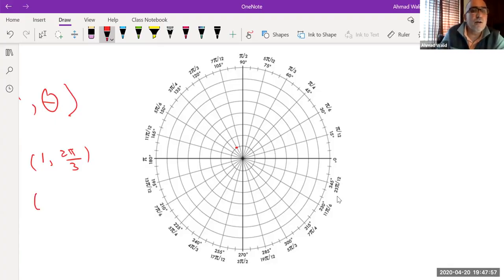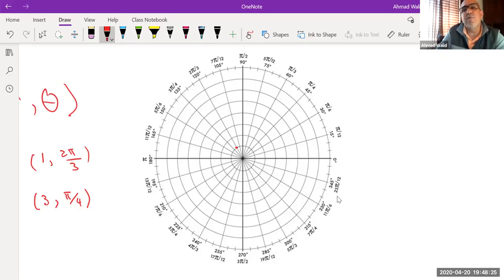Let's do one more. For example, 3 and let's say π/4. It means 3 circles, your R is 3, and the angle is π/4. Where is my π/4?